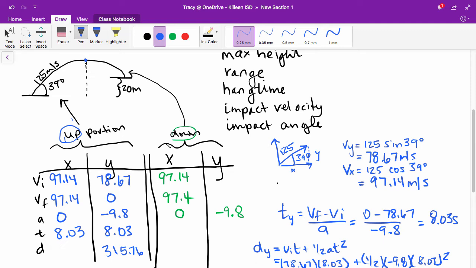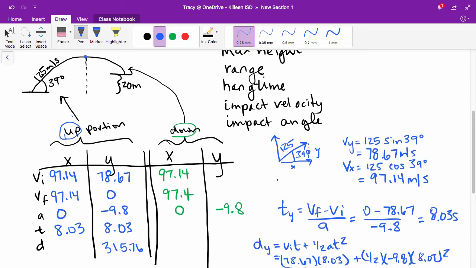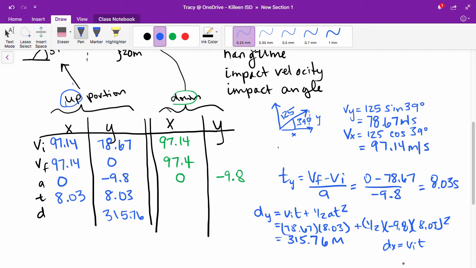D in the x direction, that does have the 0, so we'll use the same equation, but this will go to 0, so we just have to do Vit, which means we just have to do 97.14 times 8.03, which gives us a displacement in the x direction of 780.03 meters.